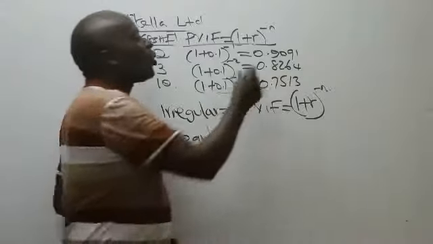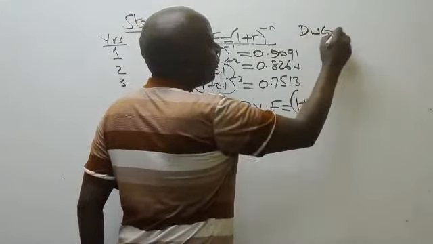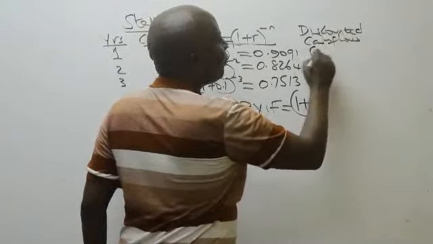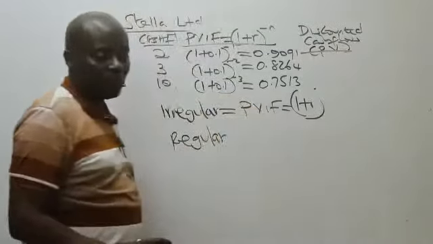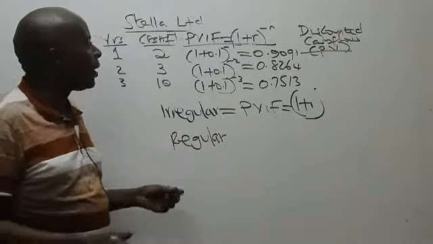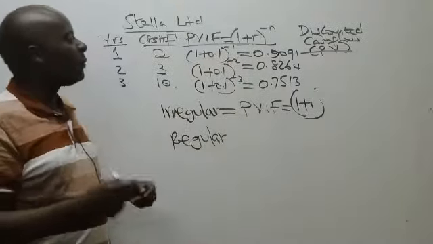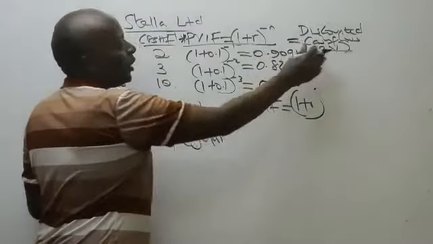What you need to do is give us a column of discounted cash flows, basically what we shall be abbreviating as present values. To get this, it's quite a simple thing. You take the cash flow times PVIF to create this column.